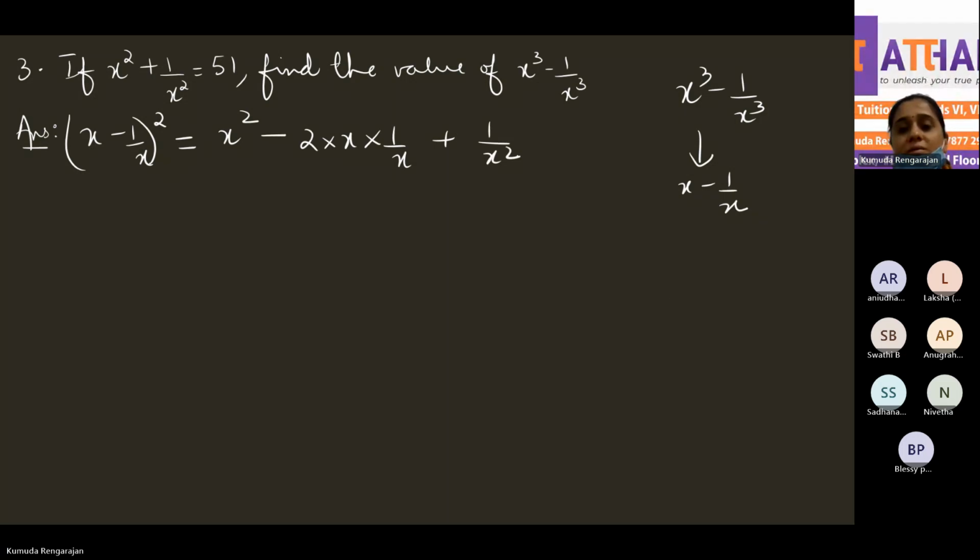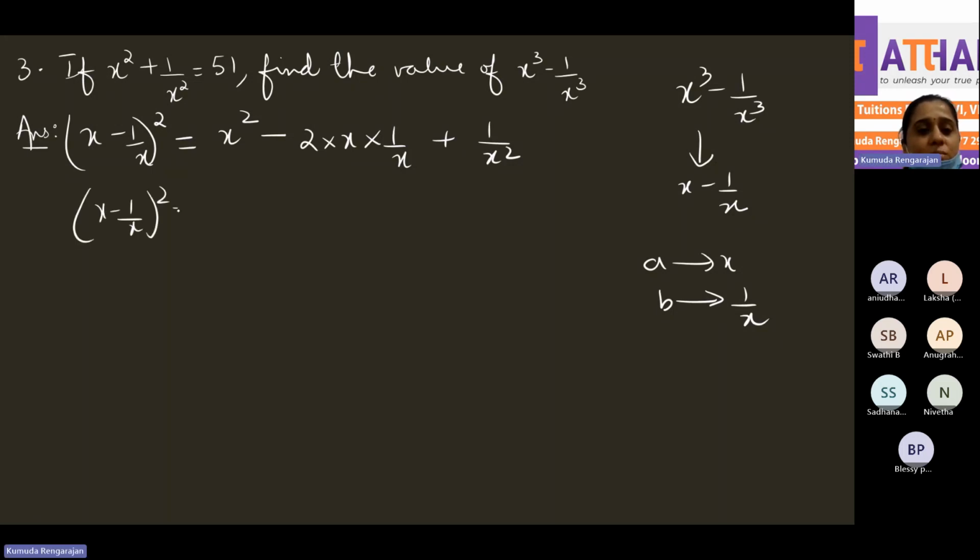Correct? Because what is a? A is x. B is 1 by x. So x minus 1 by x the whole square is equal to x square plus 1 by x square, and this gets cancelled, minus 2. Is that fine?